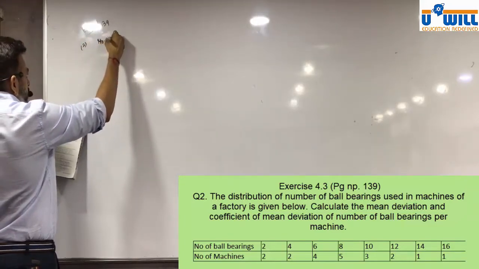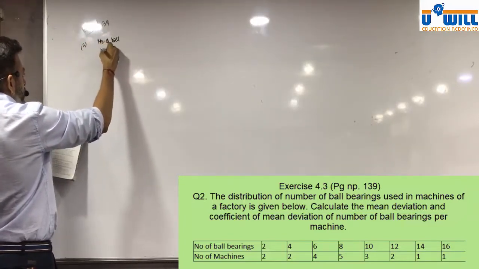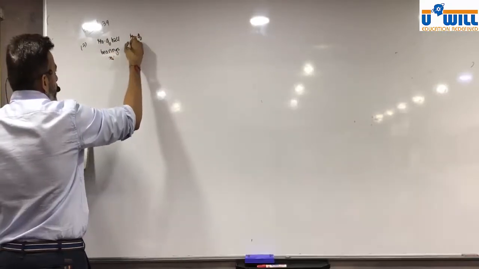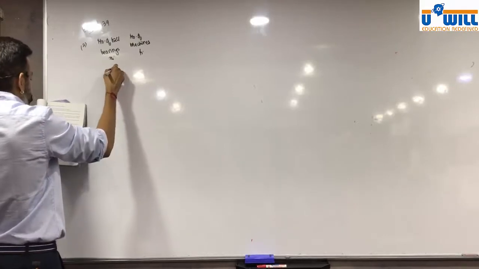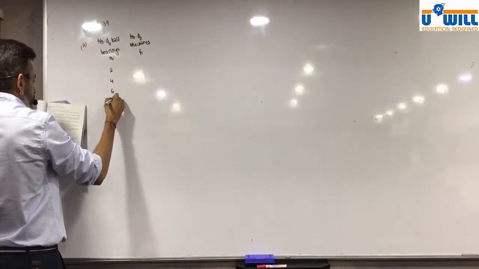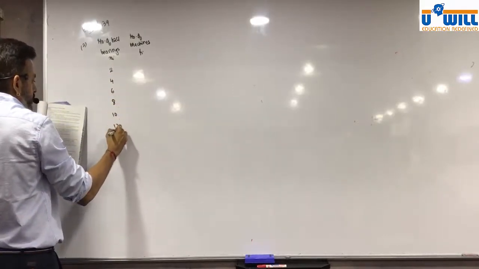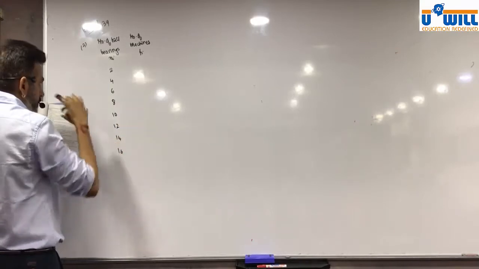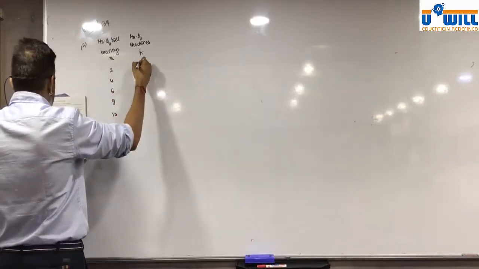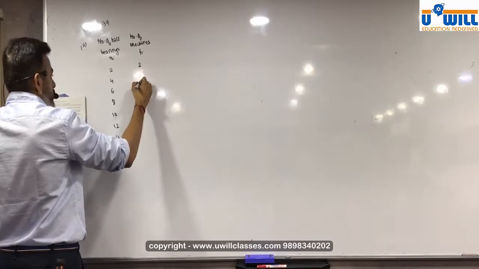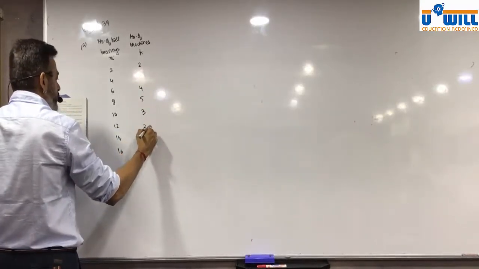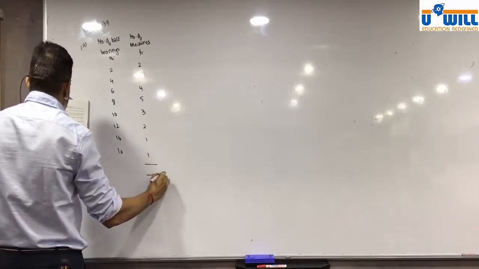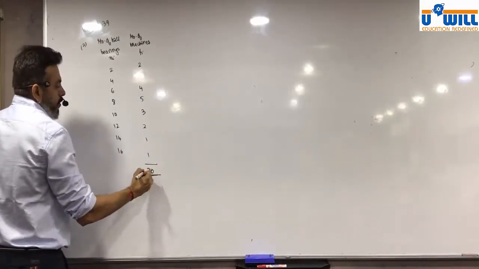Number of ball bearings, xi, number of machines, fi: 2, 4, 6, 8, 10, 12, 14, 16. fi: 2, 2, 4, 5, 3, 2, 1, 1. Total 20. So n is equal to 20.